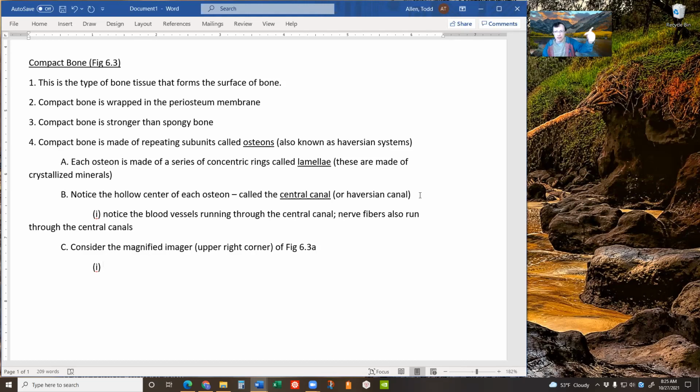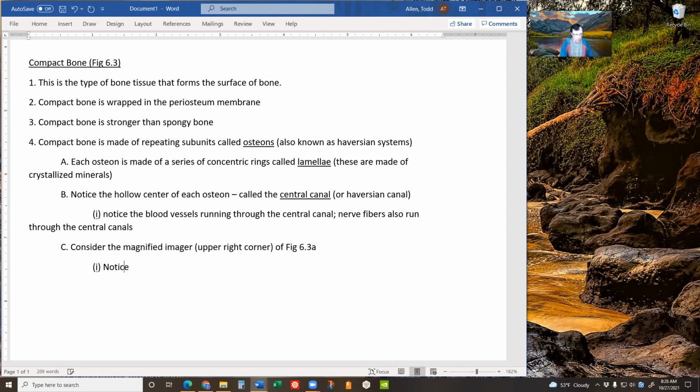So in between the lamellae are these spaces called lacunae. Lacuna is singular, lacunae is plural. See if you can notice the lacunae in the upper right magnified area, you see the bone lacunae, and notice how they are positioned in between the different rings of minerals that are in the compact bone.